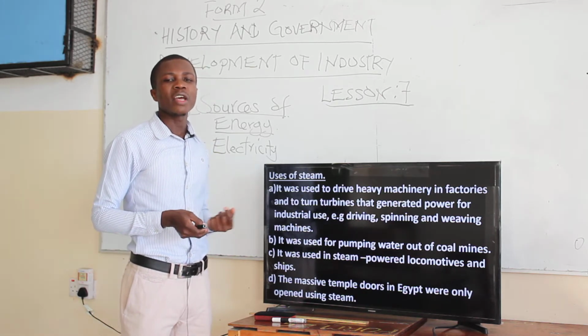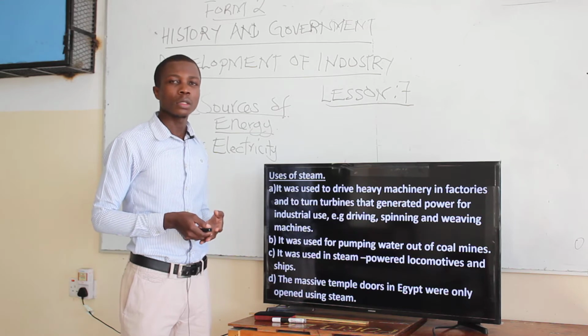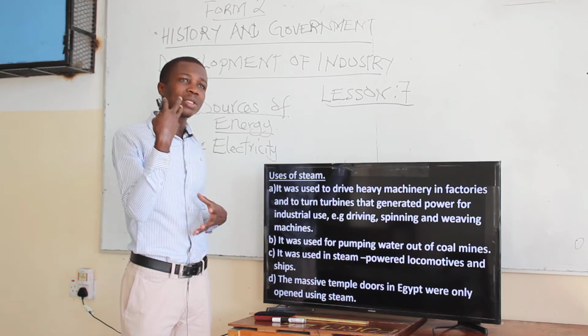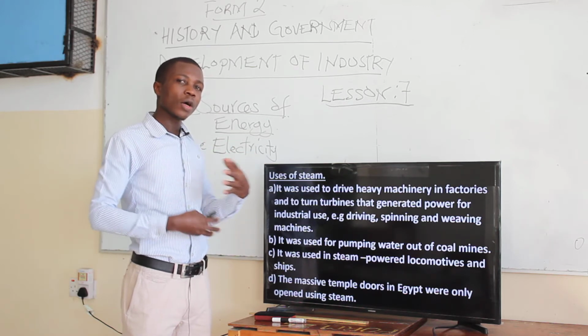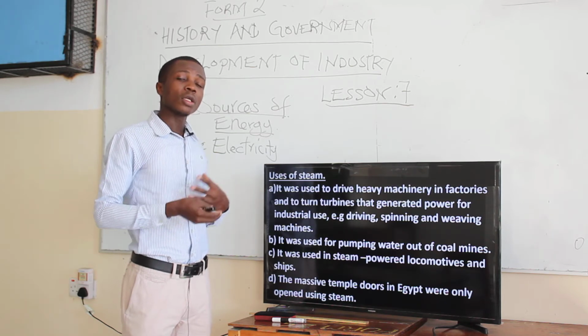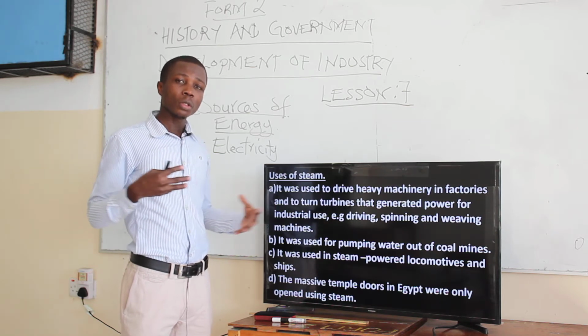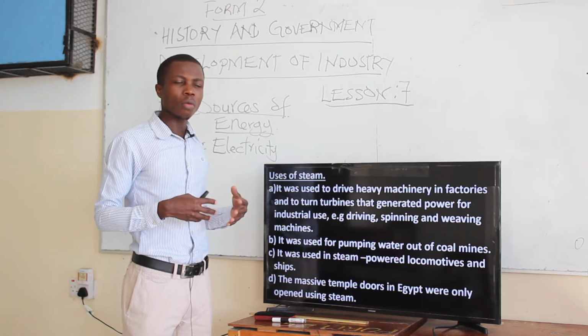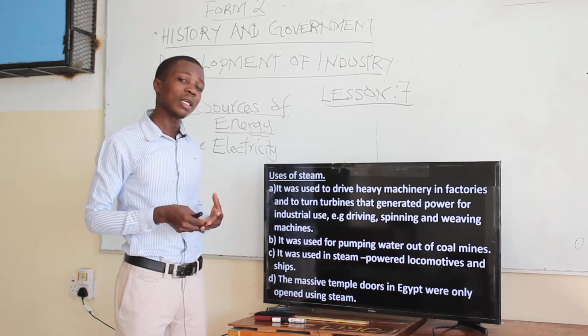One, it was used to drive heavy machinery in factories. When we talk about heavy machinery, it was just turning turbines. Turbines were large round machines used in the factory to help in the movement of products or materials in the industry.